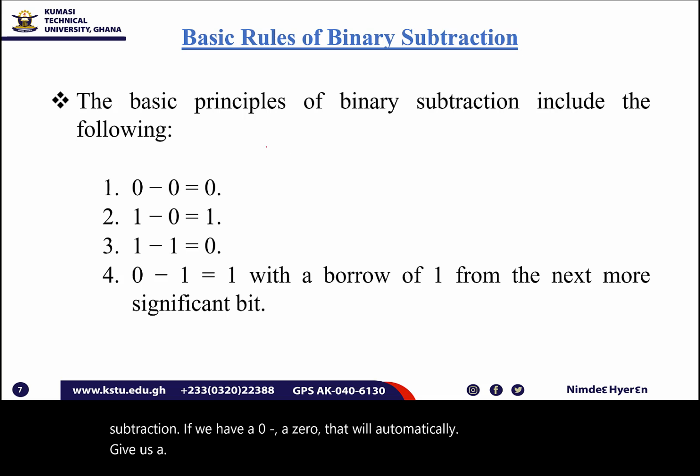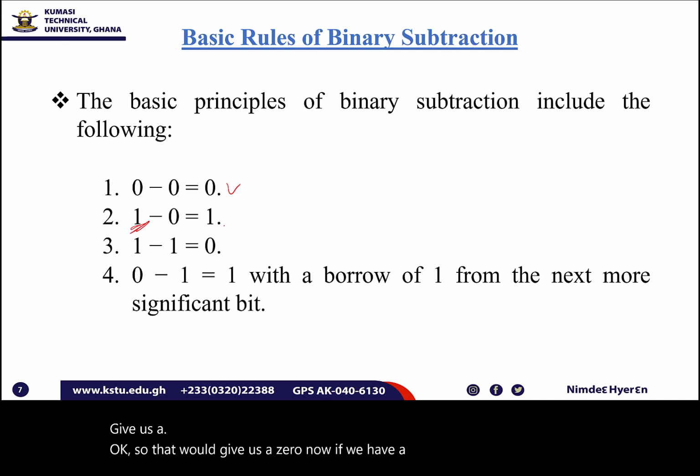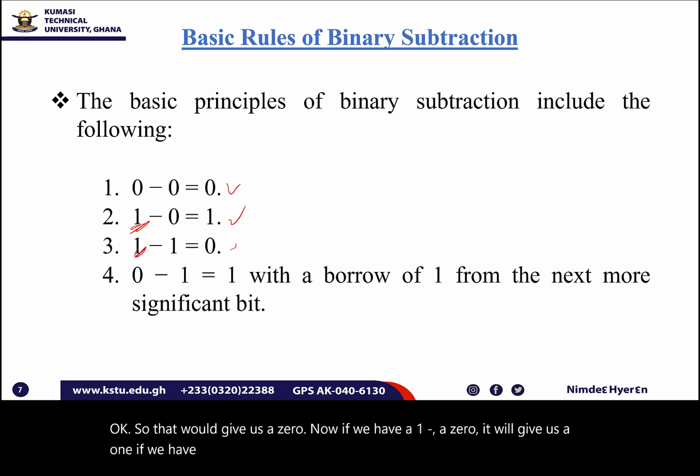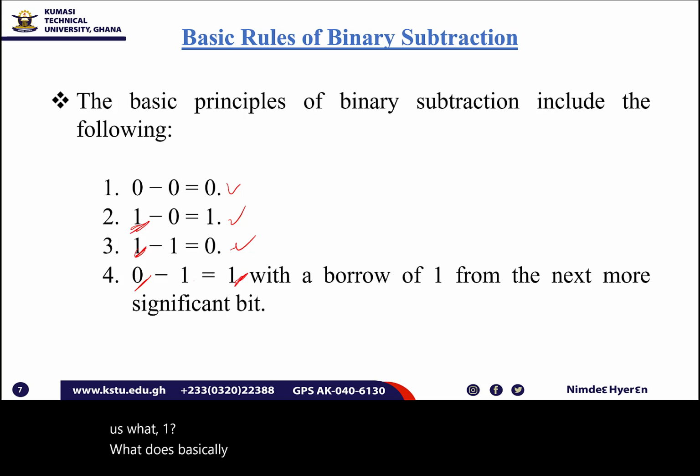Now, if we have a 1 minus a 0, it will give us a 1. If we have 1 minus 1, that will give us a 0. And if we have 0 minus 1, that will give us 1.